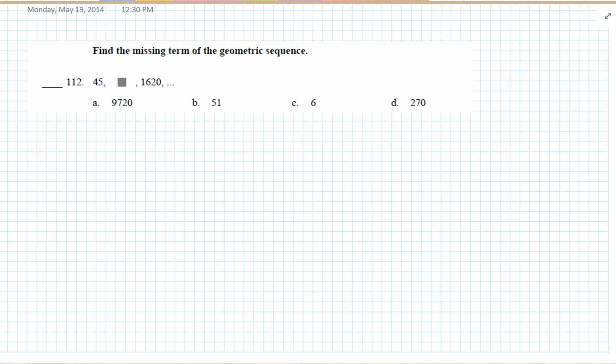112, find the missing term. Okay, well, geometric terms, to find the missing term, or we'll call it a of n, it is the square root of the product of the previous number and the next number. So I'm going to get my handy dandy calculator out.